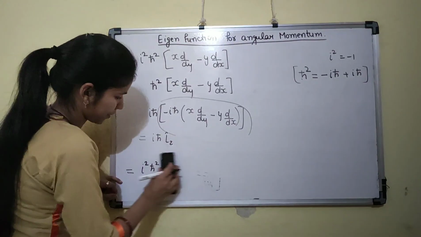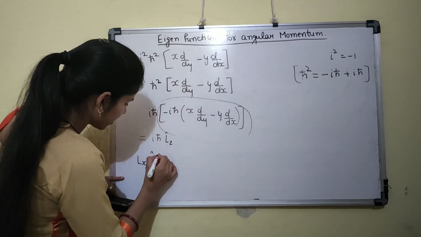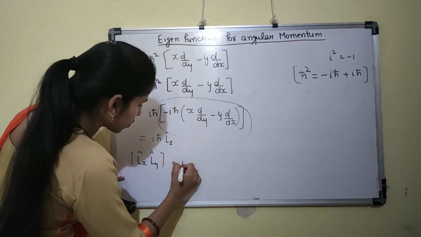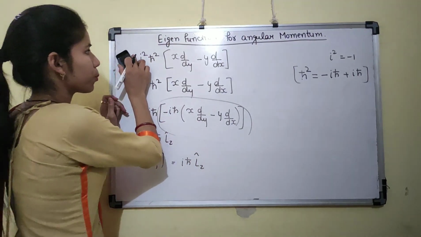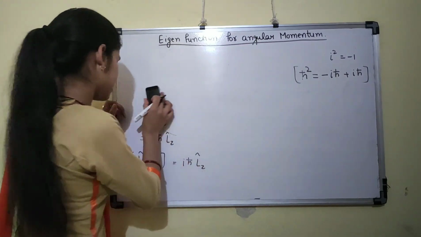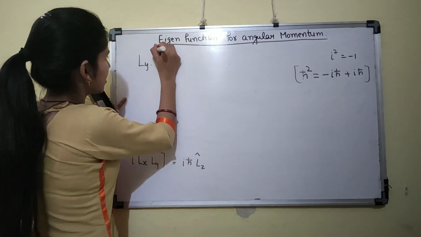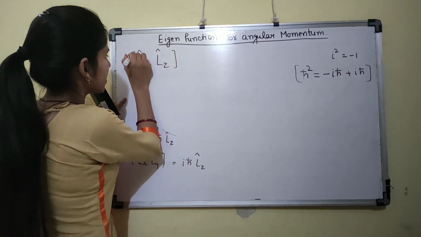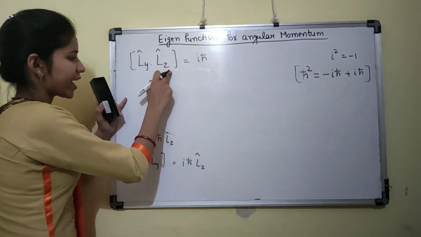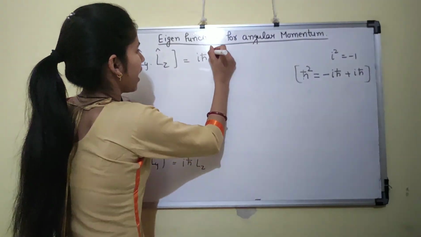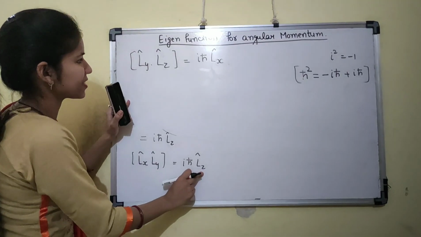So Lx Ly equals iota h cut Lz. Similarly, for the other directions we can write Ly Lz equals iota h cut, and there is yz, so there is Lx, because there is xy, so there is Lz.